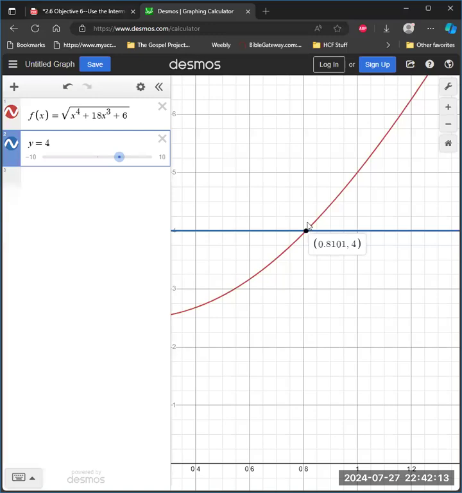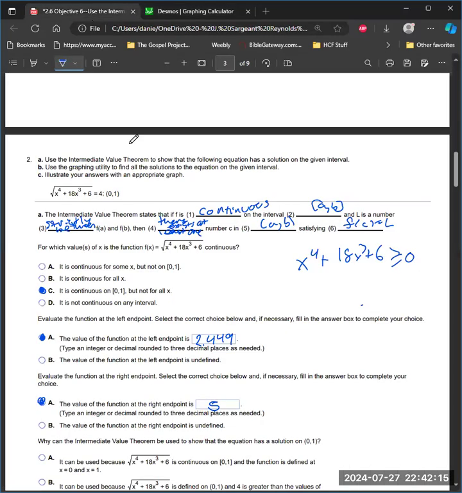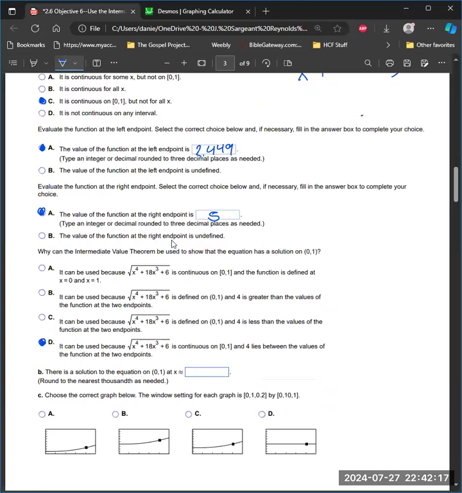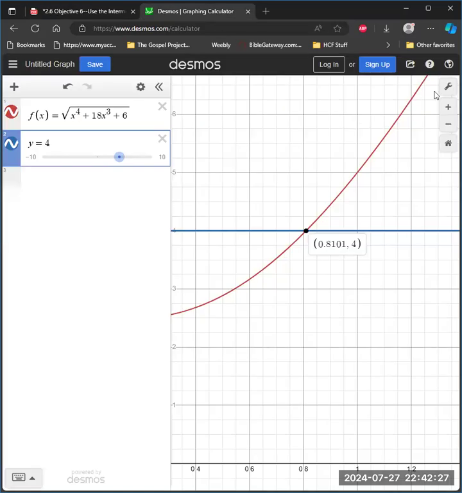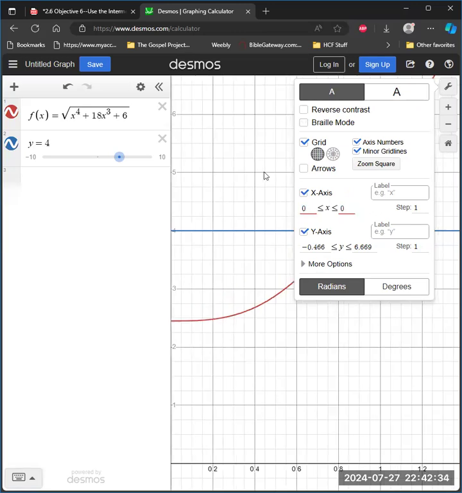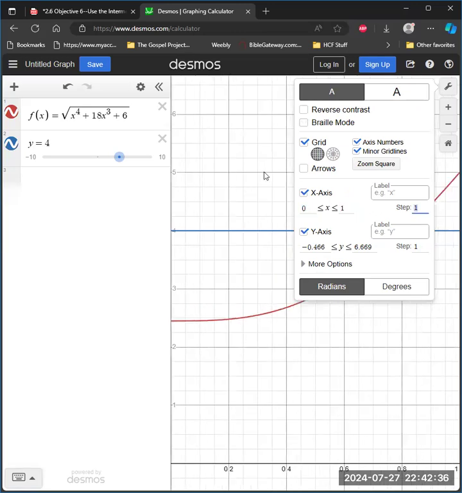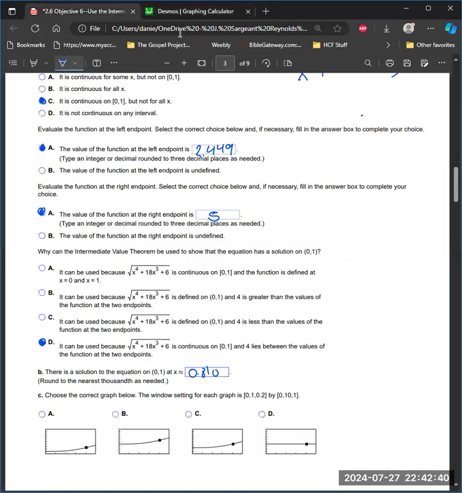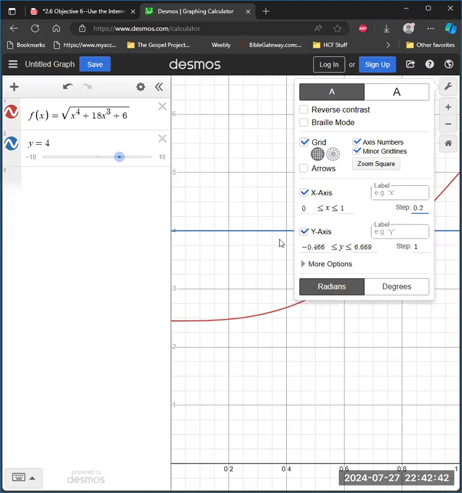That's actually it. And 0 to 1 by 0.2s, and then 0 to 10 by 1s.